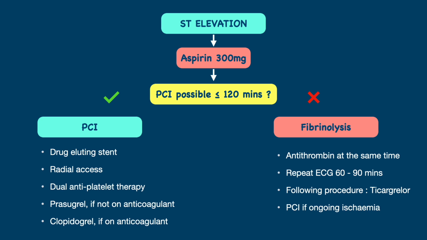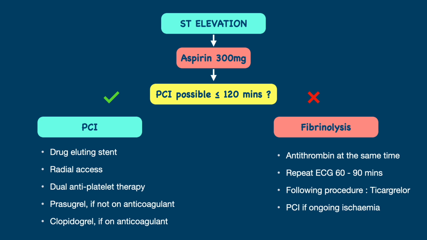As for fibrinolysis, it should be offered within 12 hours of onset of symptoms if primary PCI cannot be delivered within 120 minutes of the time when fibrinolysis could have been given. A practical example may be a patient who presents with a STEMI to a small district general hospital that does not have facilities for PCI.